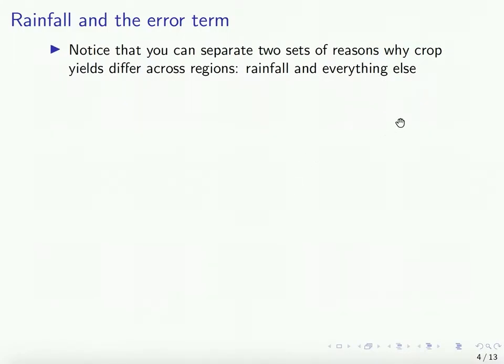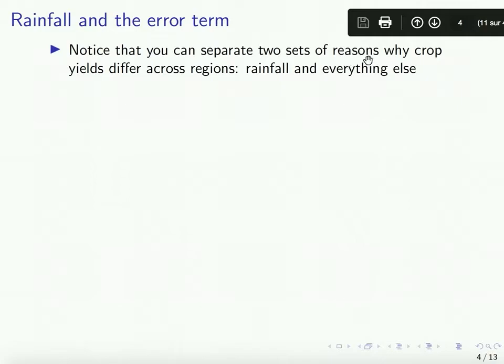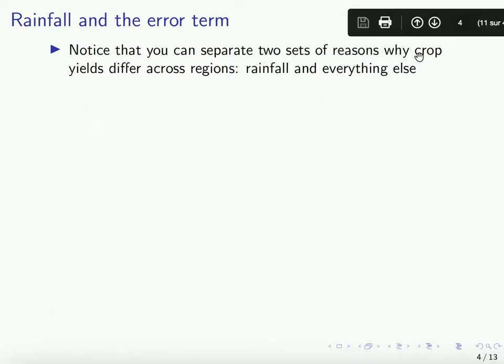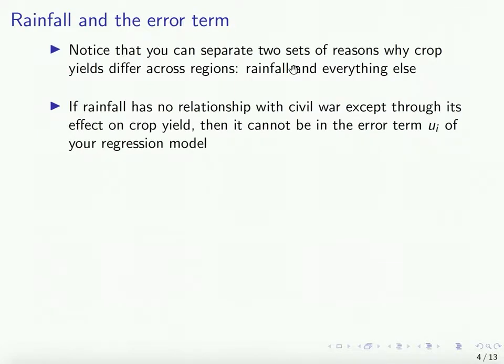Note that you can separate two sets of reasons why crop yields are going to differ across regions. One, rainfall. Second, everything else. In everything else, there's technological levels. Some regions are more advanced, and so some regions are going to be more productive than others. But some regions are just going to differ by rainfall. Rainfall, as you know, is going to have a positive impact on crop yields.